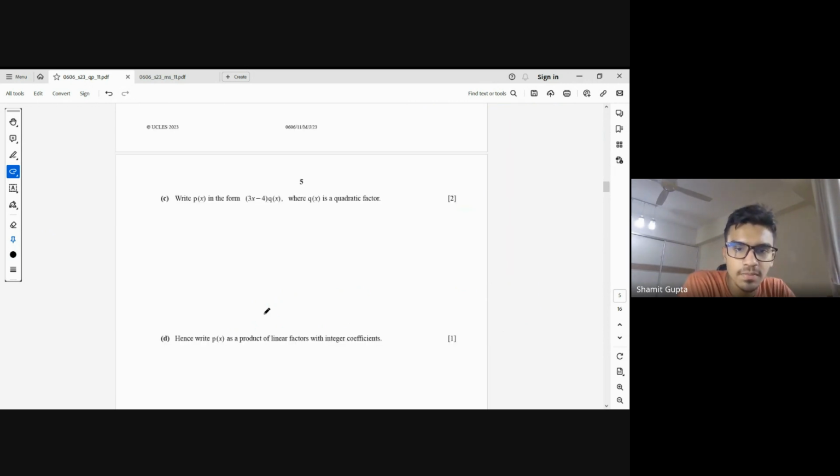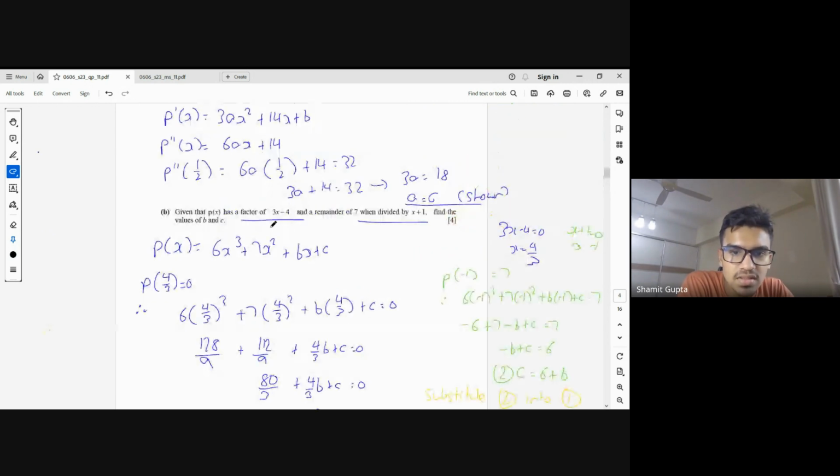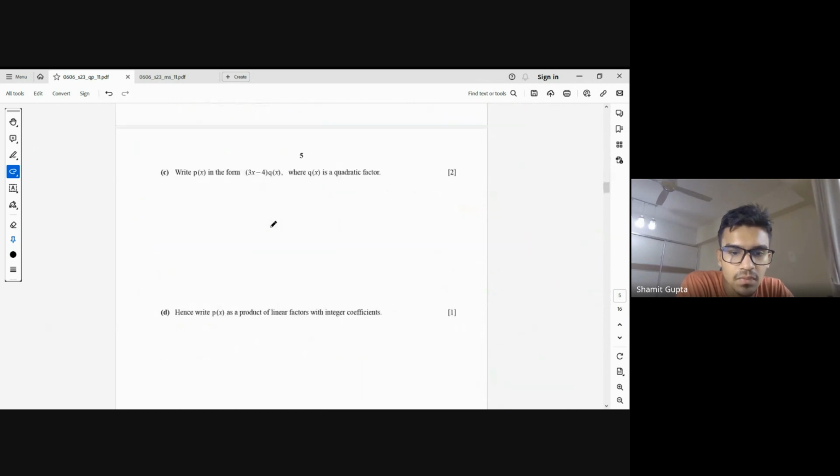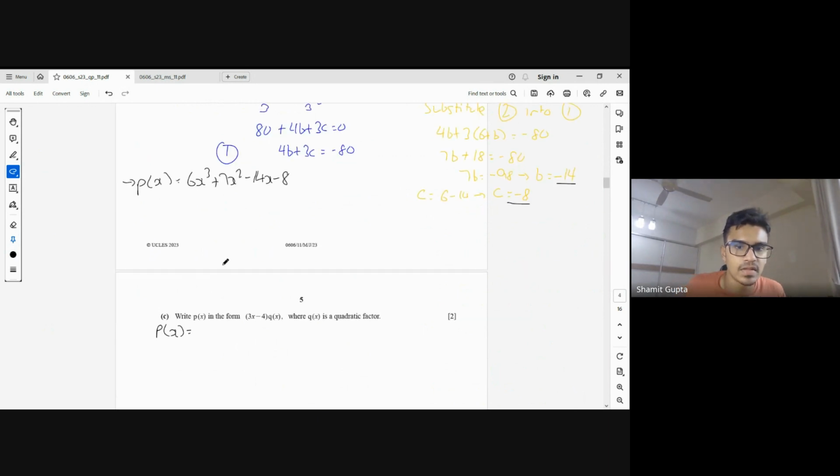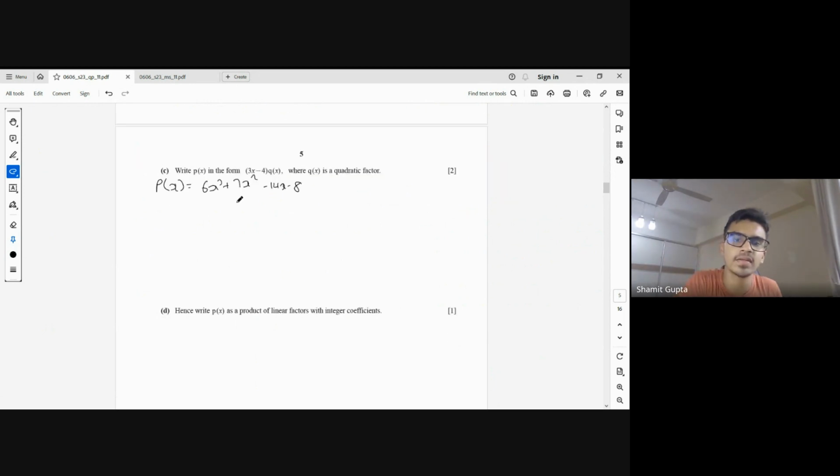So write p(x) in the form 3x minus 4 times q(x). So just now we got p(x) equals 6x cubed plus 7x squared minus 14x minus 8. So you want to write it in this form, you can divide it by 3x minus 4. The best method I recommend is to use long division.